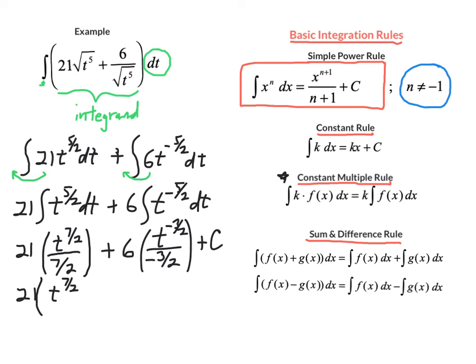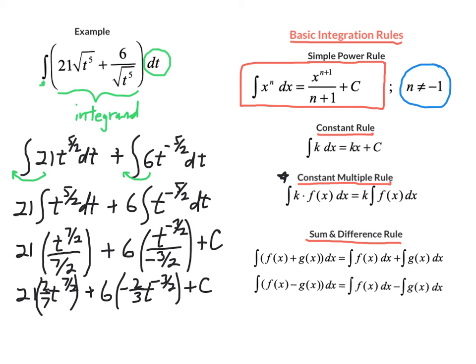So here I want to write this as 2/7 t to the 7 halves. And in a similar way, we want to write this as negative 2/3 t to the negative 3 halves. So you should get in the habit of doing it that way with the rational exponents, because most people do not want to look at a big ugly compound fraction as their final answer.